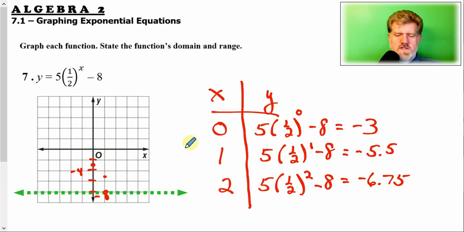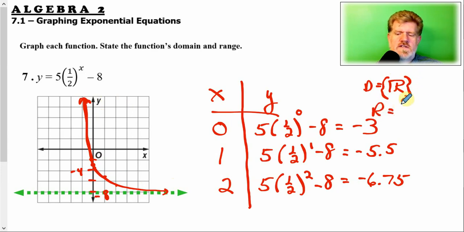It's an approximation, and 2 is negative 6.75. 2, 4, 6, just before 7. So it would kind of bend like that and then go up. All right, it doesn't actually dip back, but you know that's the limitations of my pen. So the domain is everything. And the range, how is the range affected? Well, that shifted it down 8, so y has to be bigger than negative 8.